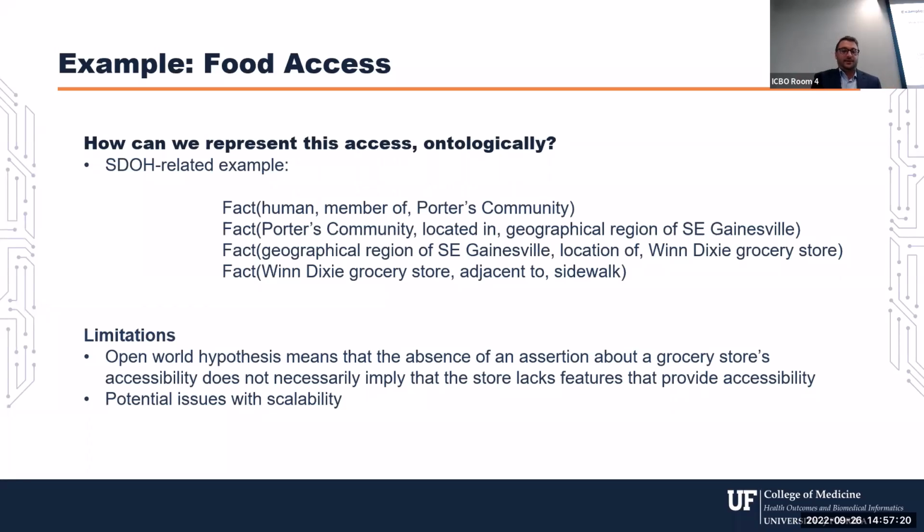But again, because of the open world hypothesis with OWL ontologies, the absence of an assertion does not necessarily imply, for example, the absence of an assertion about a grocery store's accessibility does not necessarily imply that the store lacks features that provide accessibility. And then of course, there's always potential issues with scalability when you're dealing with multiple sets of tuples and trying to query databases and build databases that are populated by them.